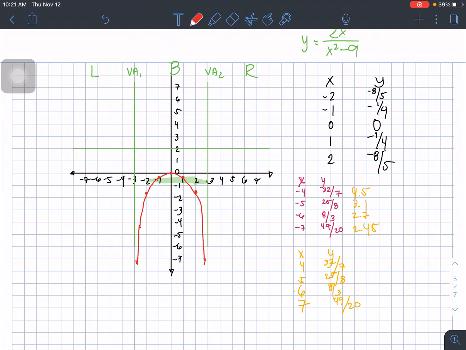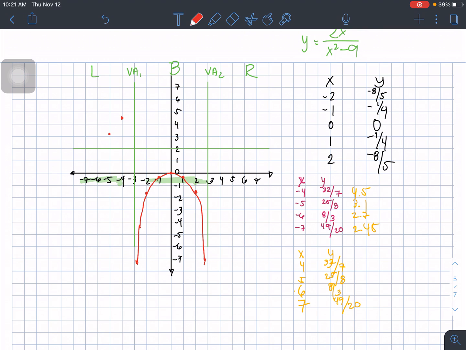So let's try the left side. From negative 4, negative 5, negative 6, and negative 7, just substitute the values of x. We will have negative 4 and 32 over 7, or 4.5. So this will be here. Negative 5 will have y at 25 over 8, or 3.1, around here.